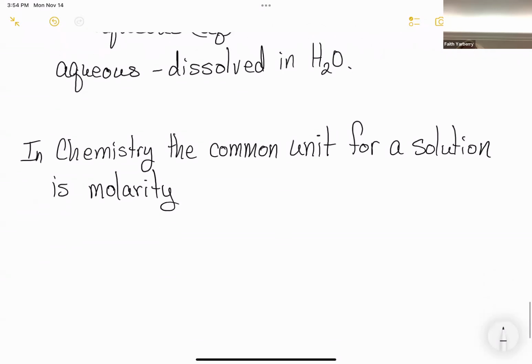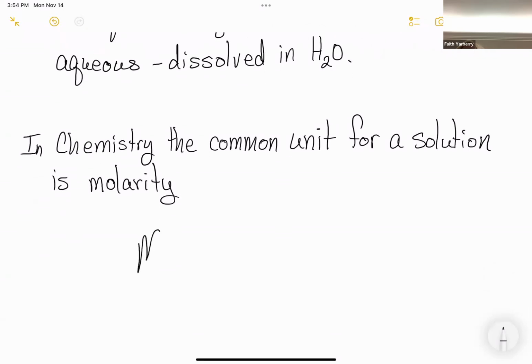Molarity is represented with a capital M, and it is moles of solute over liters of solution.